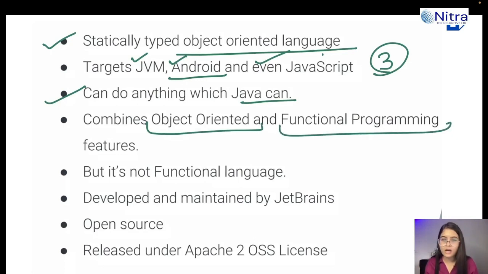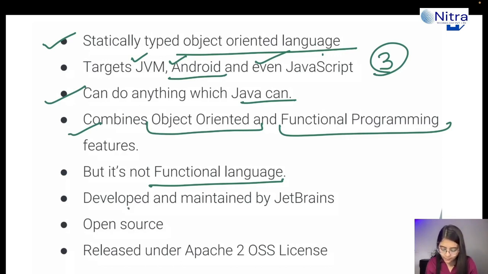So if you have already read about OOPS, that is object-oriented programming language, you would be knowing some of the features like encapsulation, inheritance, what are classes, objects, and so many things are there, right? So it somewhere combines the features of both object-oriented as well as functional programming languages. But remember that it is object-oriented language and not functional language.